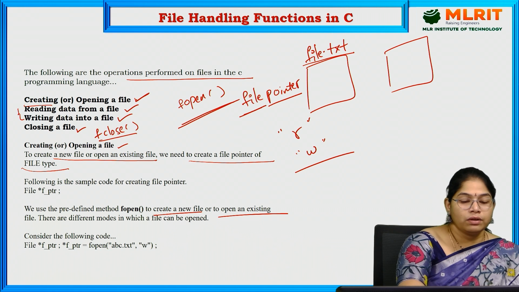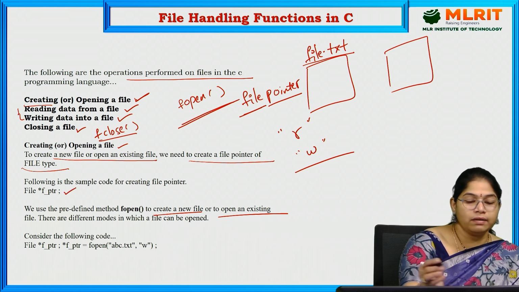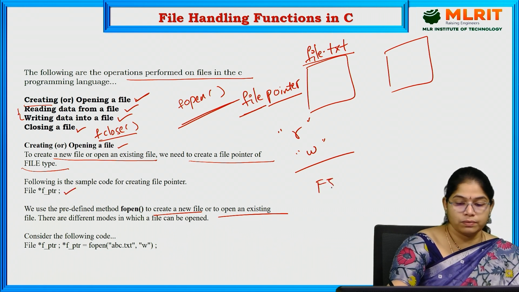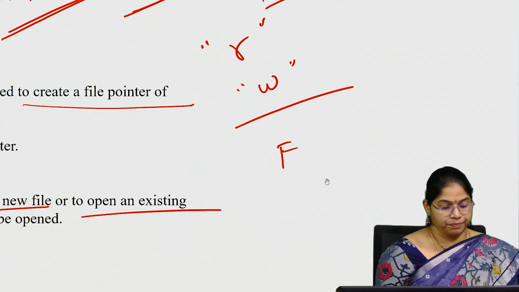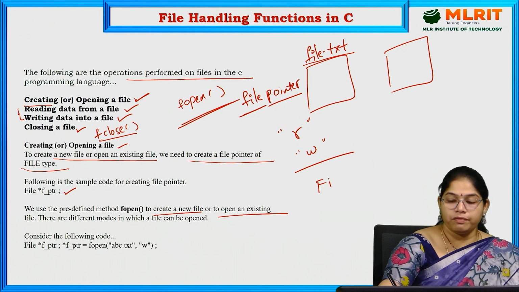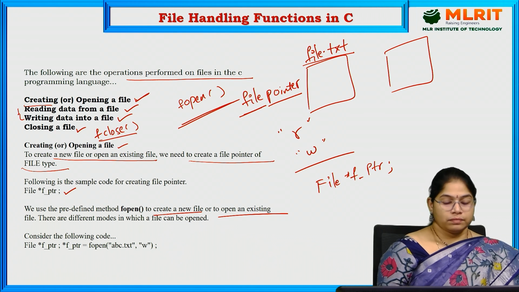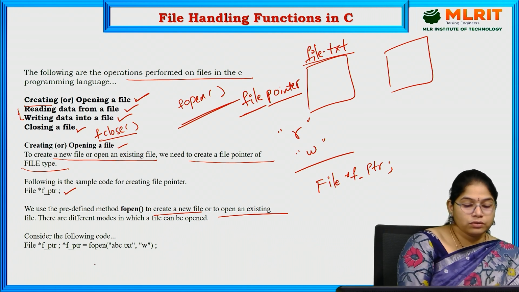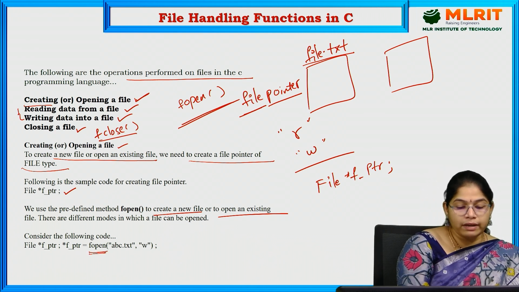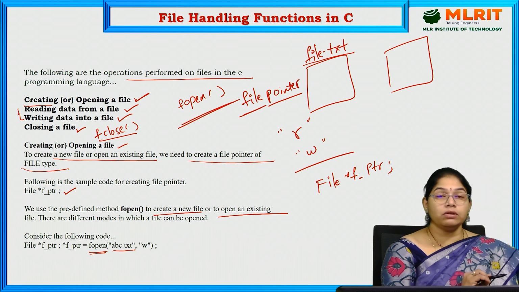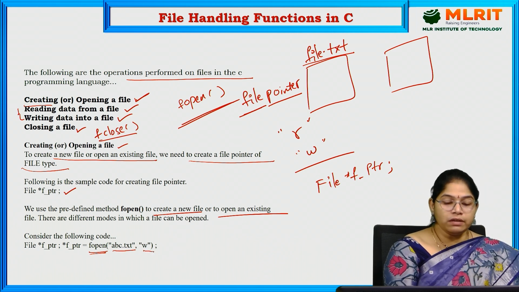So the pointer must be of type FILE. FILE *f_ptr, where f_ptr is the pointer name of that file. Then I'm opening the file named abc.txt in writing mode.